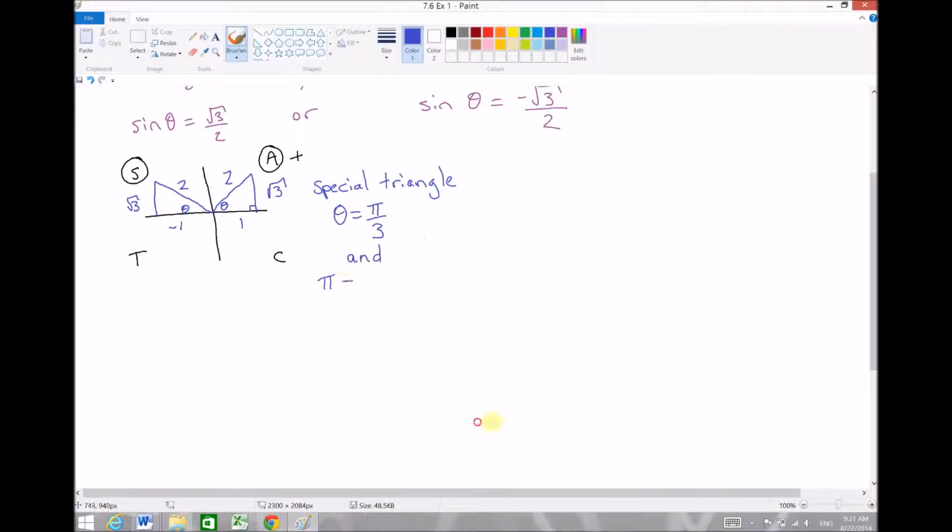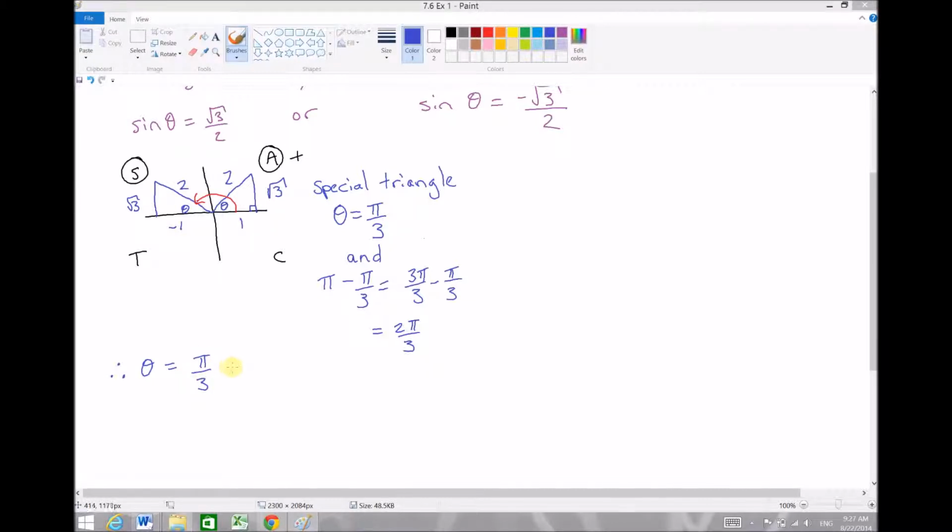The angle here is theta equals pi minus pi over 3. It's a good idea to write out your steps so you don't make any slip-ups. With fractions, it's easy to make a little mistake. So pi equals 3 pi over 3, and now we can subtract to get a common denominator. Now we have two solutions.